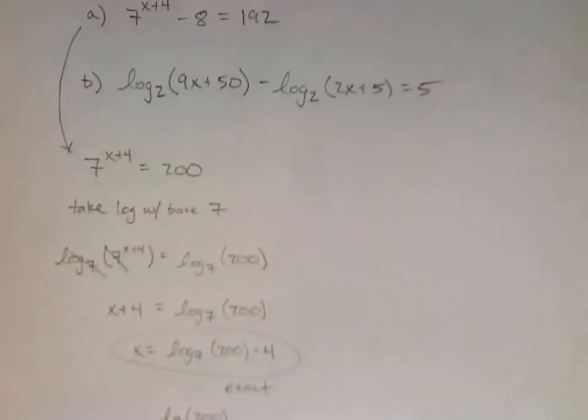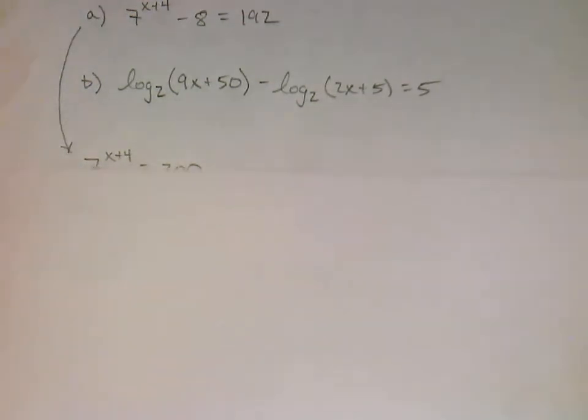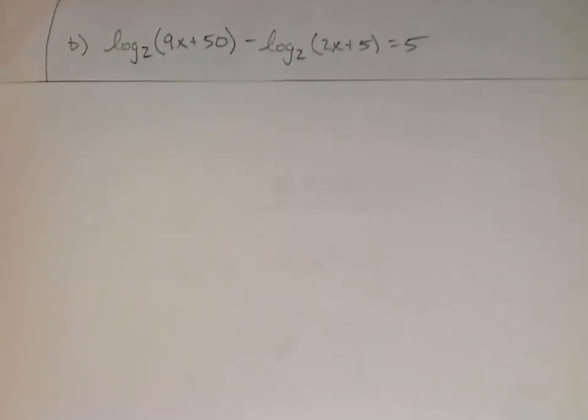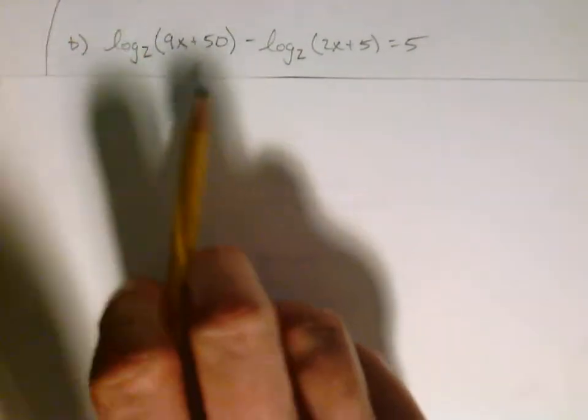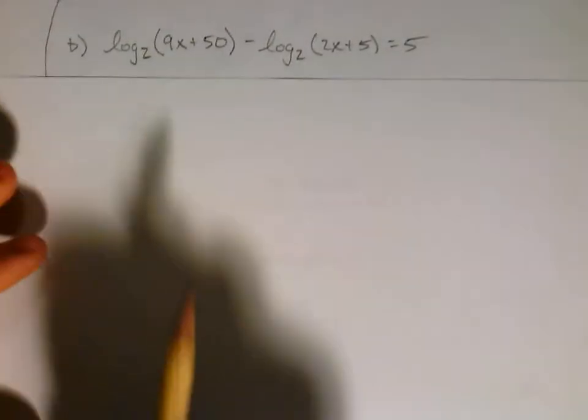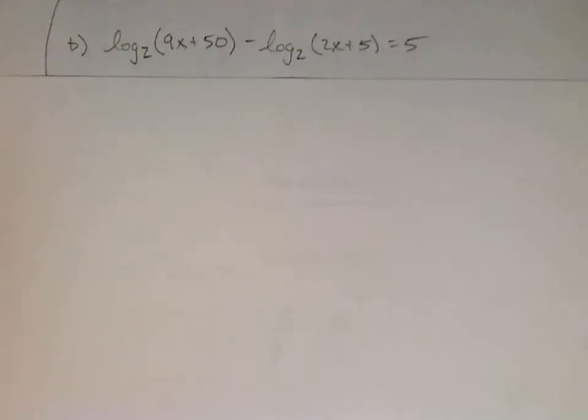Okay, part B. I think I'm going to need a new piece of paper. Let's try that out right here. All right. This time, we've got logarithms, so a logarithmic equation. This time we're subtracting; the problem that we did in the last video, we were adding.